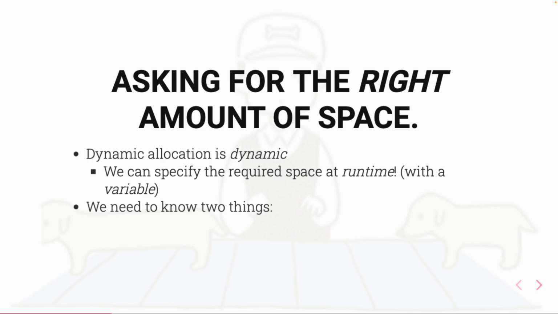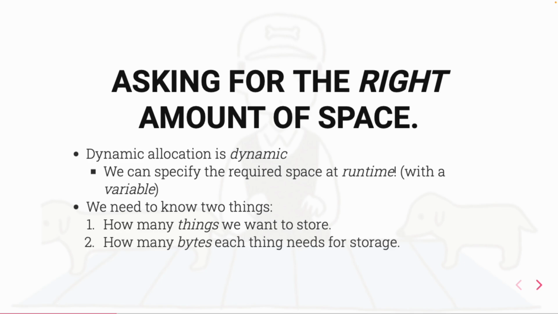So to ask for the right amount of space, there are two things you need to know. How many things we want to store. This is most useful for storing arrays in the heap, but I guess when you're allocating space for a single struct, how many things is one, but you still have to keep it in mind.